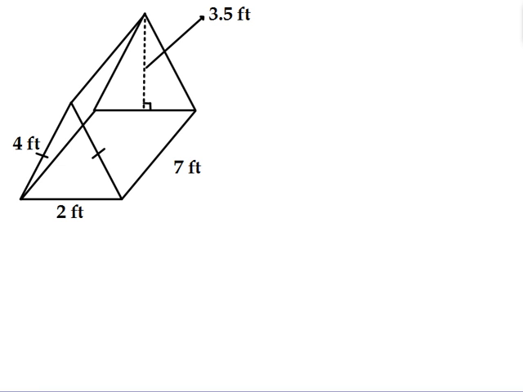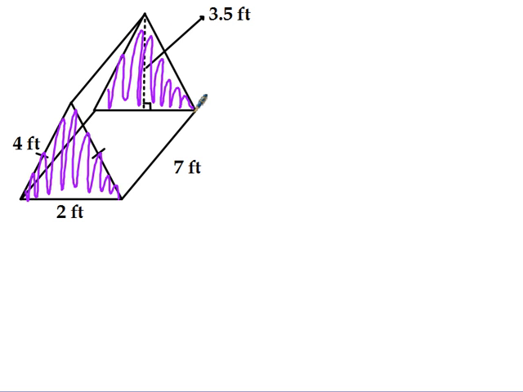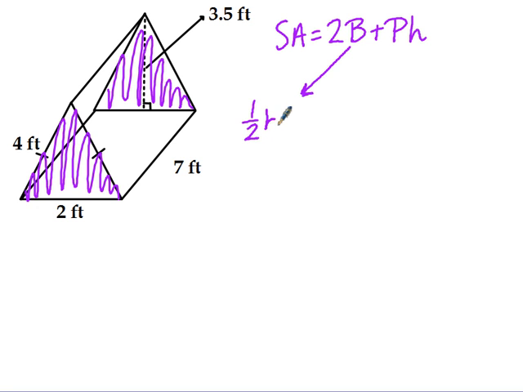So again, this is a triangular prism, so I can see the triangles, this one here and this one here. Those are my bases. So surface area is 2 times capital B plus capital P times H. Now, since this is a triangular prism, capital B, the formula for a triangle is 1/2 base times height.